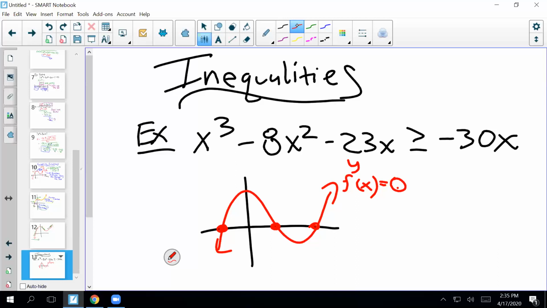So that'd be equal to 0. But if we want to change that to greater than or equal to 0, then these points, which are called critical points for the inequality, the solutions to the equality are still kind of guiding the inequality.